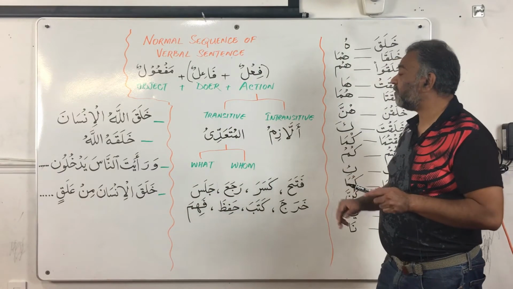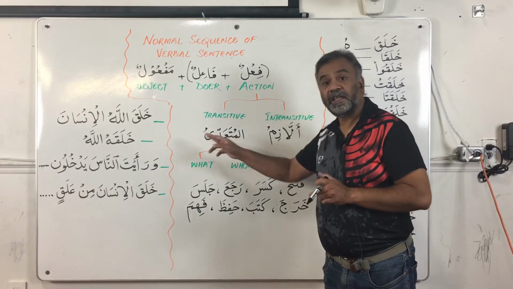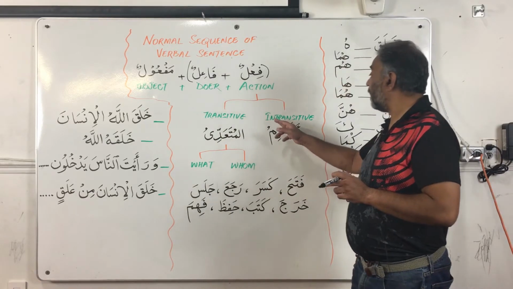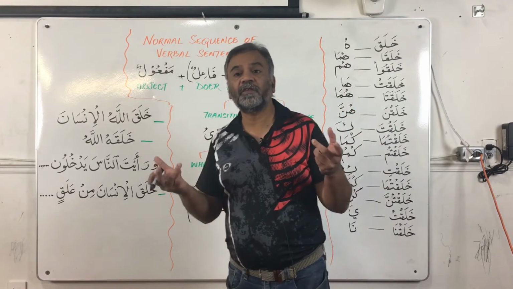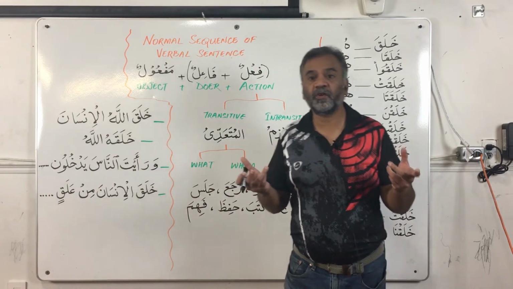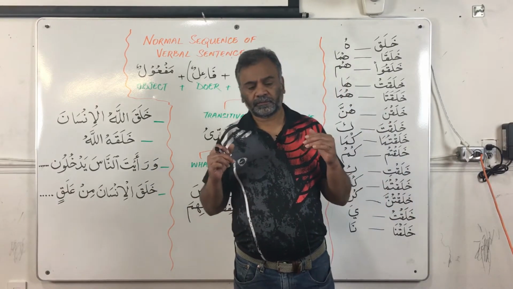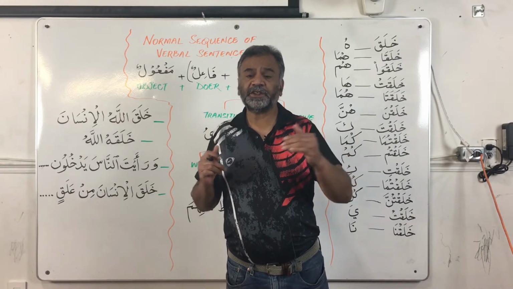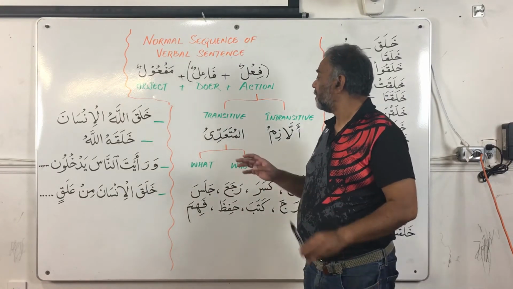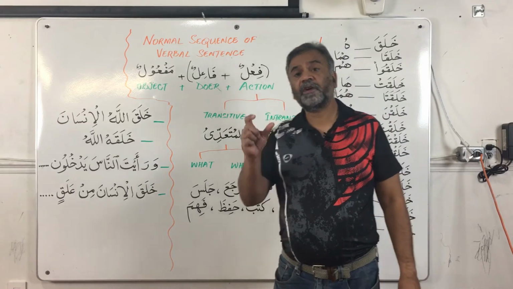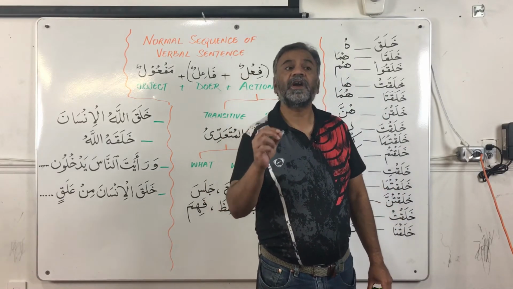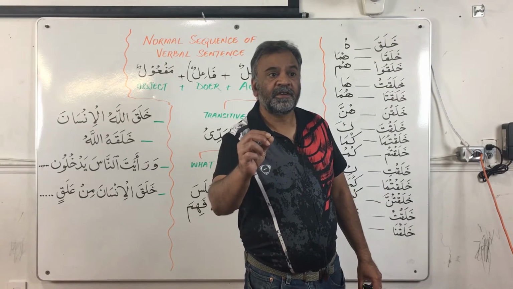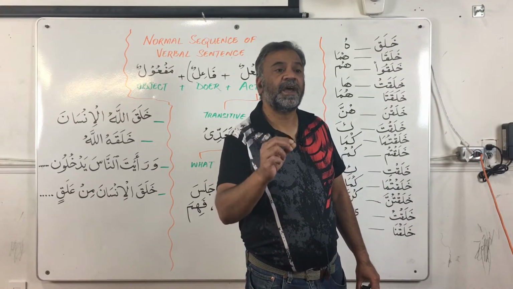Transitive means al mutaaddi and intransitive means al lazim. What is this categorization of the verb? That is the basic question. When there is an action and the verb requires an object, then we classify that verb as transitive.